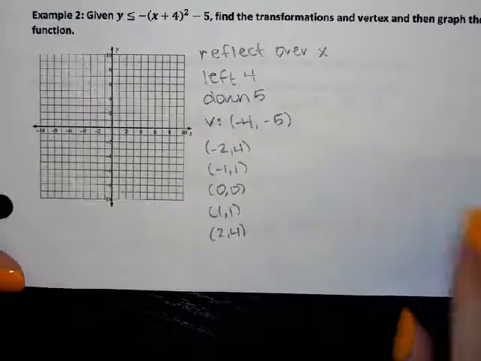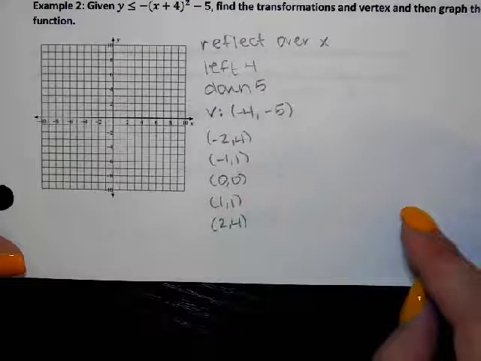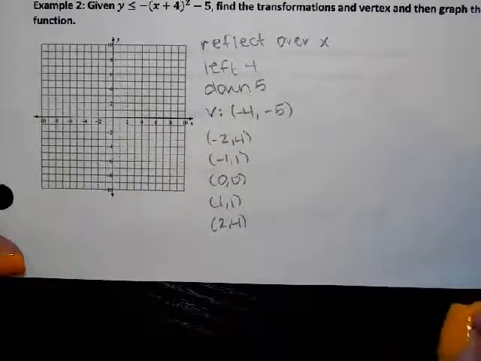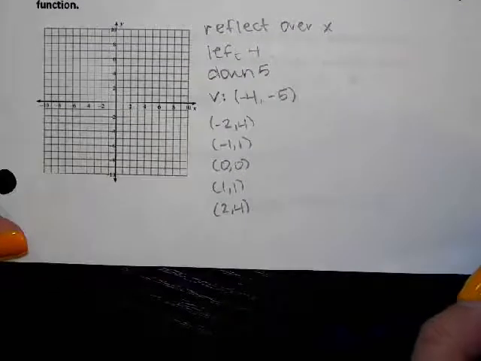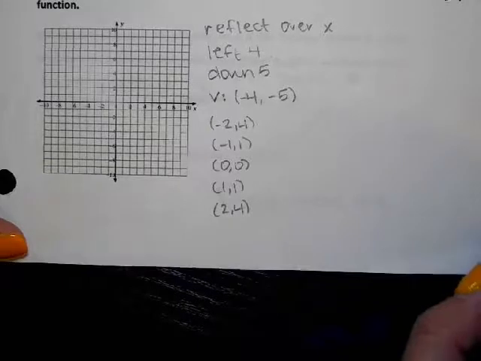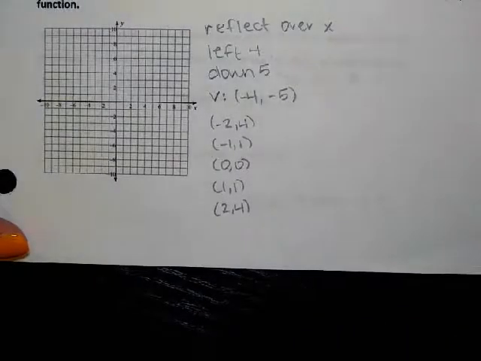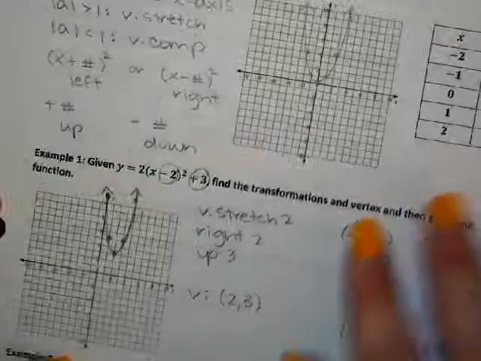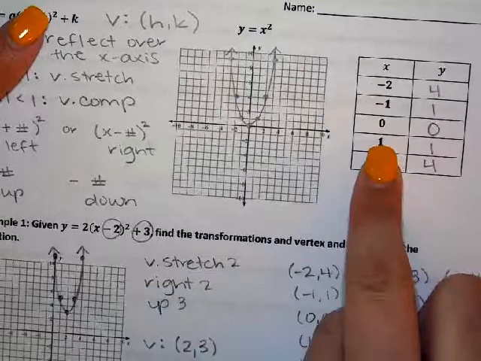Okay, so I'm taking all the points from this table, which are very similar to an absolute value graph, but slightly different. Do you have to memorize these? No. You can memorize them if you want to. But if you don't memorize them, all you have to do is go back to the parent graph and plug in -2 to 2.